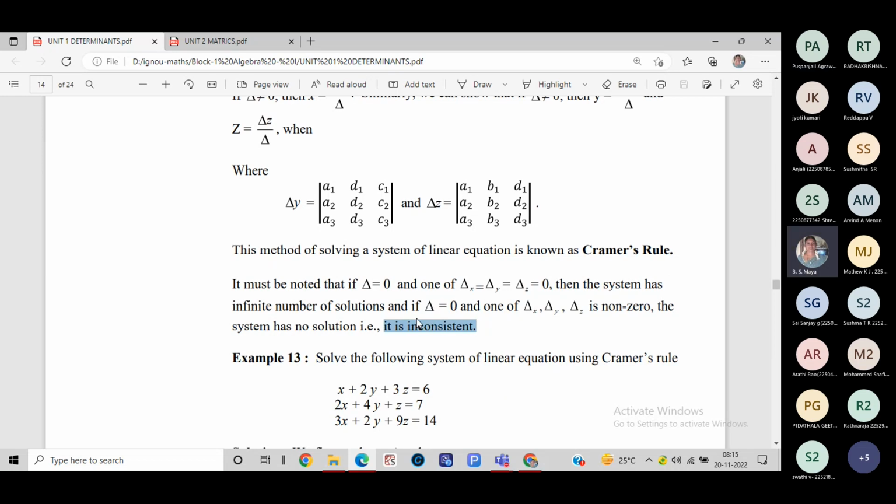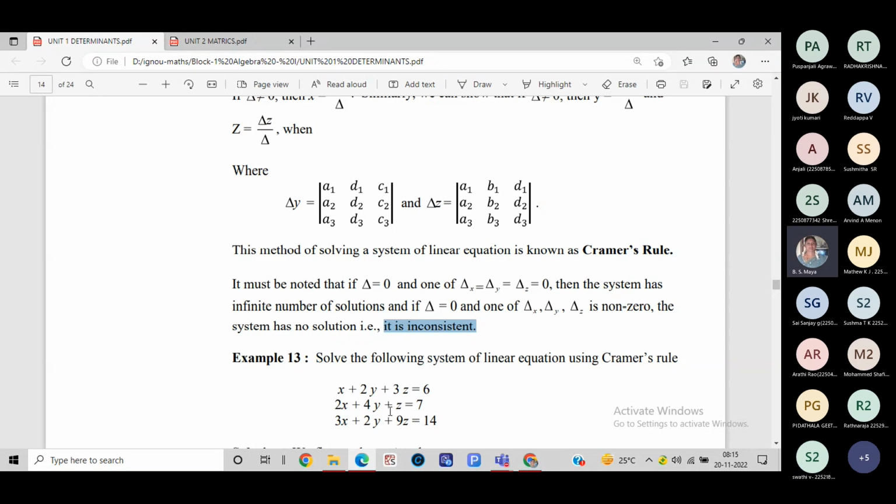I think no doubt to calculate the delta, right? Yes, ma'am. Cross multiply. 1 into 4 into 9, 9 fours are 36, minus 2 ones are 2, plus 2 into 9 twos are 18, minus 3 ones are 3, plus 3 into... Minus 20, ma'am, delta I think.